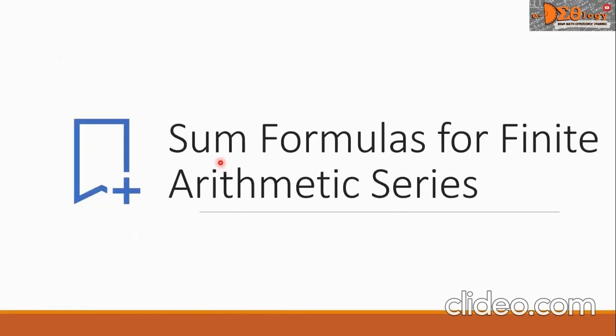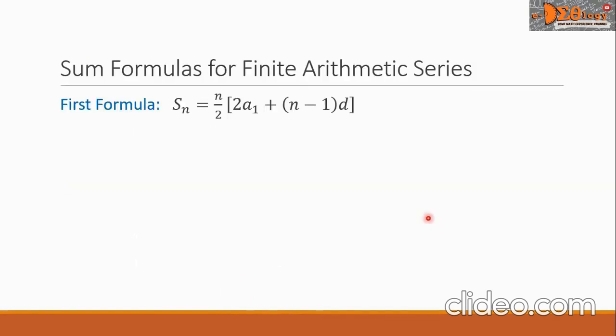Let's go now to the sum formulas for finite arithmetic series. We have the first formula, and it's written as S sub n equals the fraction n over 2 times the quantity 2 times a sub 1 plus the binomial n minus 1 multiplied by d.